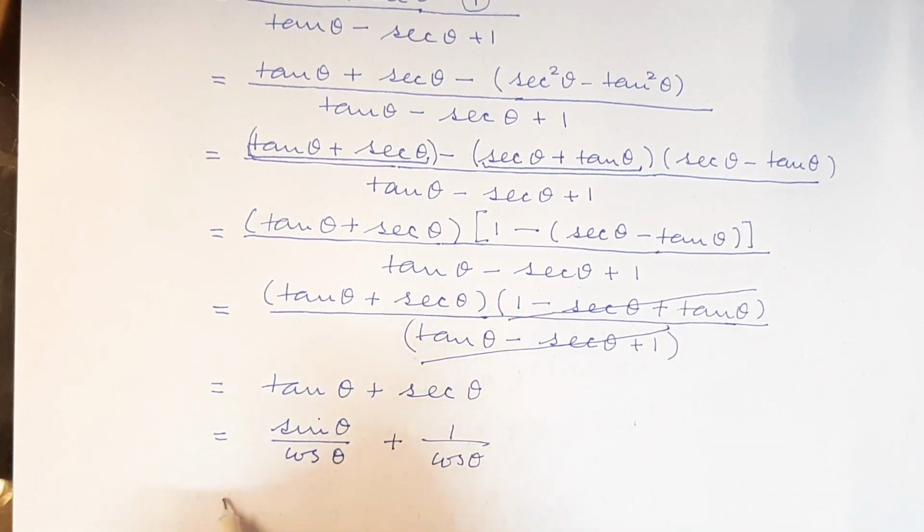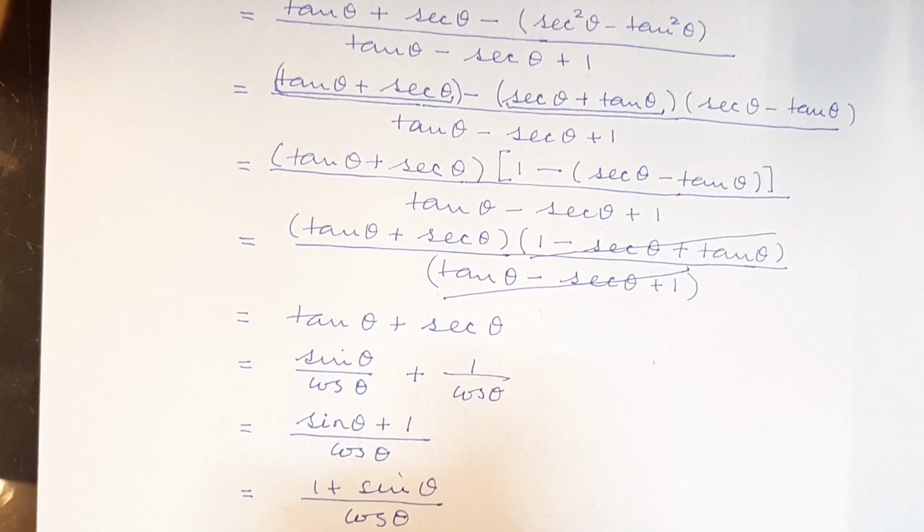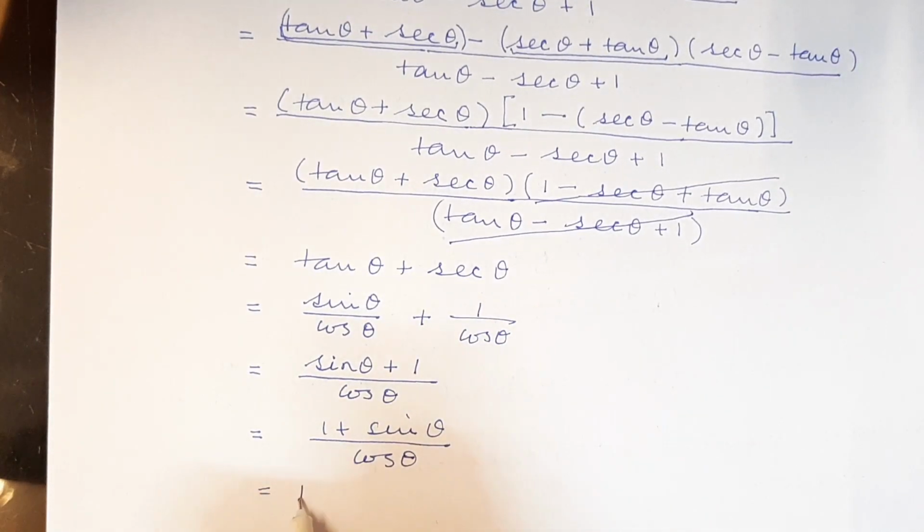And now we have to add, taking LCM. What do we have? Sine theta plus 1. And so that is equal to 1 plus sine theta upon cos theta. That was your RHS. And so we say hence proved.